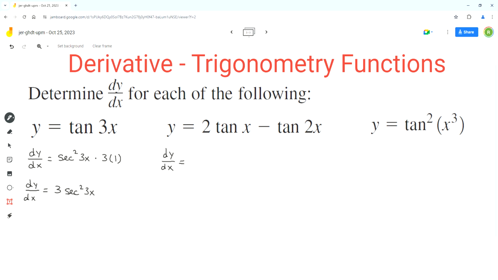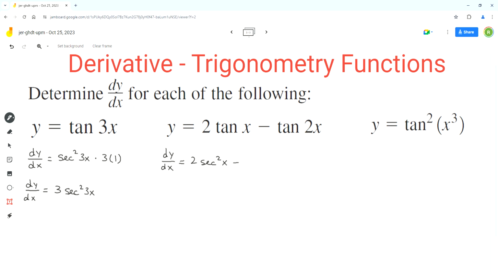Now this function has two terms. So in the first term, 2 is the coefficient of the term, so it will stay as it is. And the derivative of tan x is secant square x. Now we can find the derivative of the second term. Now the second term is made up of the tan function, and there's an inner function 2x, which is a polynomial function.